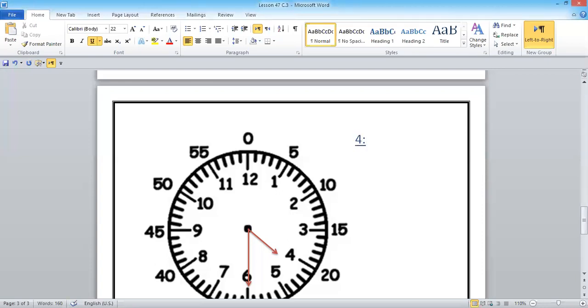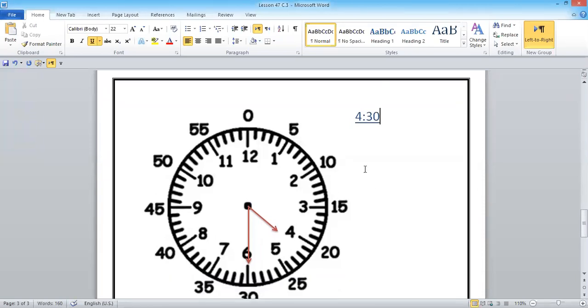Then 30. Why 30? Because the minute line is on 30. Because 30 minutes have passed. Exactly, guys. The answer here is 4:30.